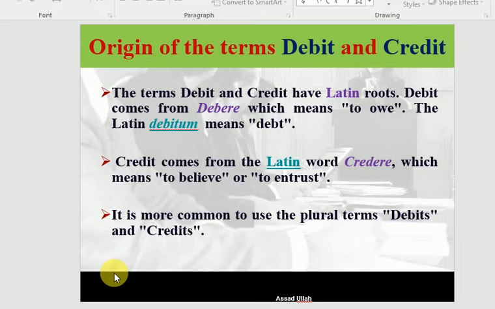And credit is also derived from the Latin word credere, which means to believe or to entrust.